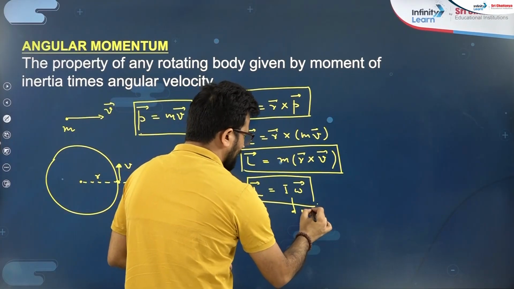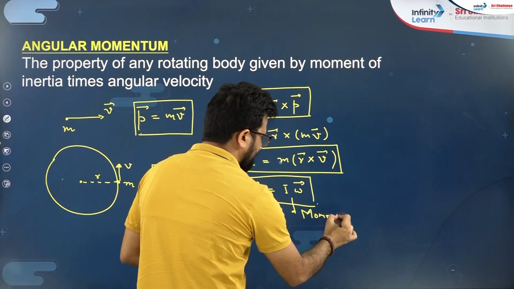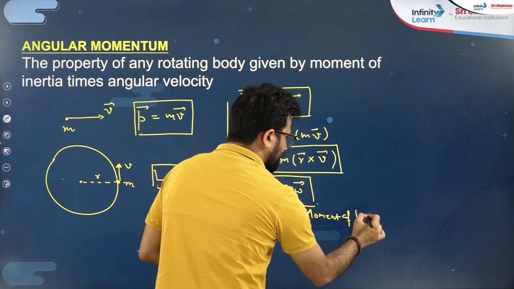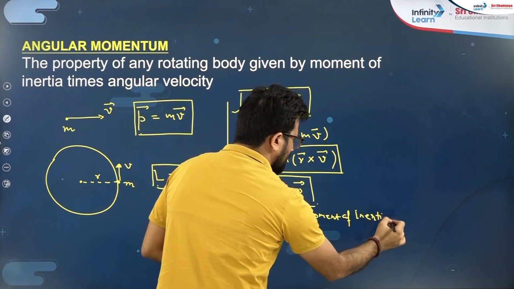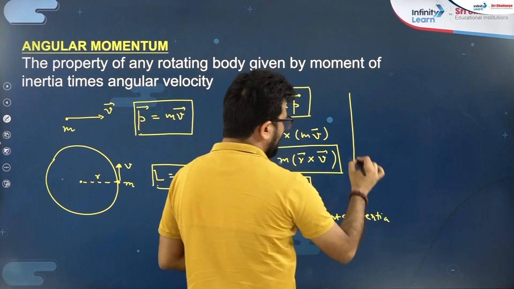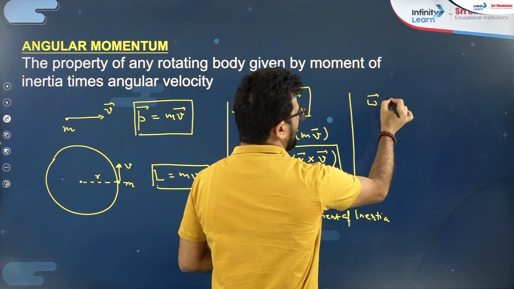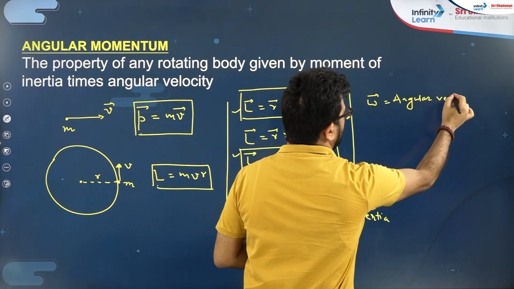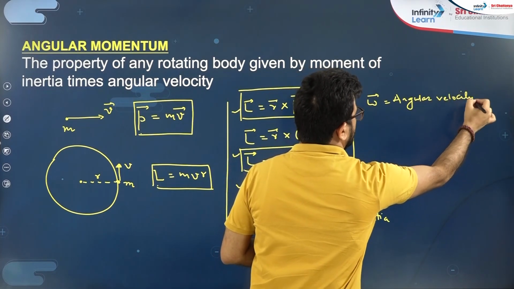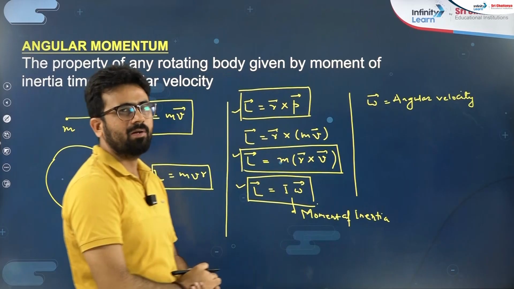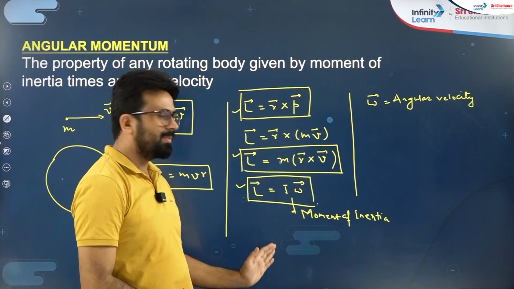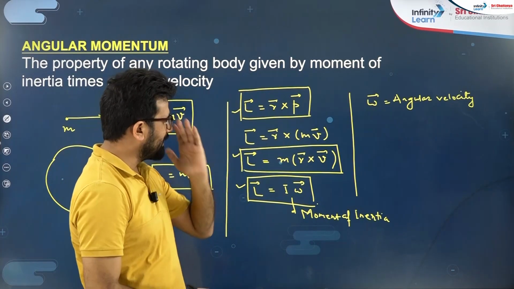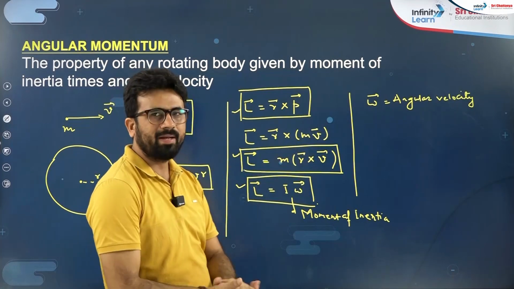And omega is nothing else but the angular velocity. So when we talk about angular momentum, I can write I into omega.